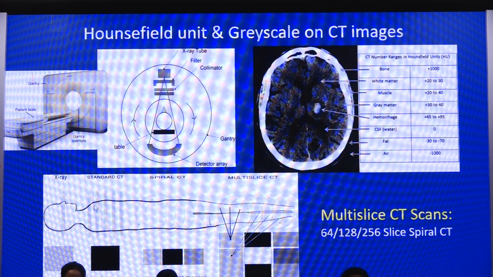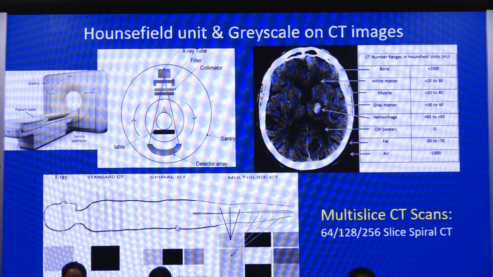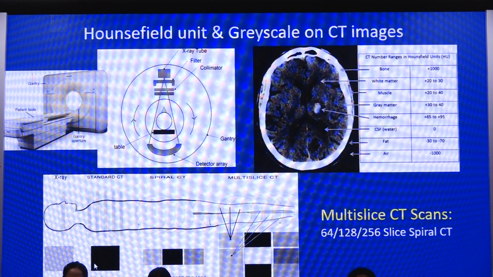Earlier there was a single detector. I'm talking about the early or late 90s, when a single detector was used, so the patient had to be exposed to a lot of radiation and the time taken for the CT scan was long. But nowadays there are multiple detectors, 64, 128, stacked in rows, and these might also have sub detectors within them.